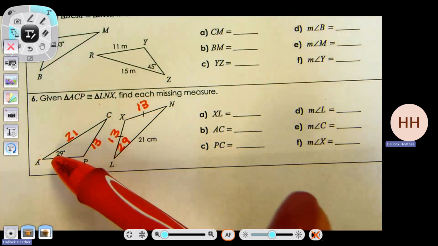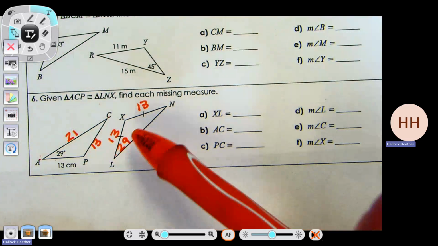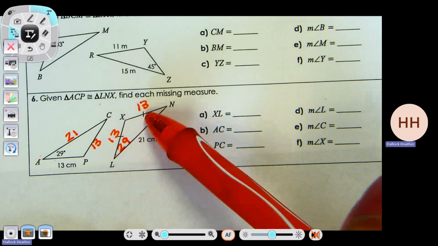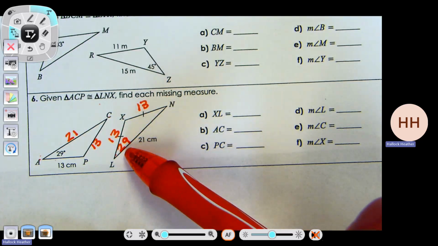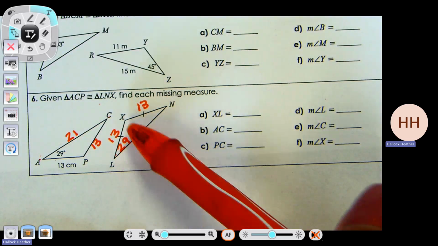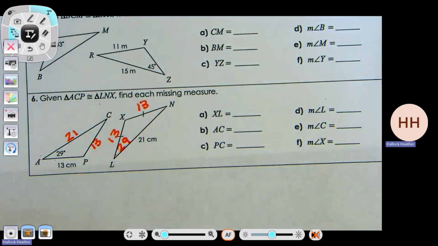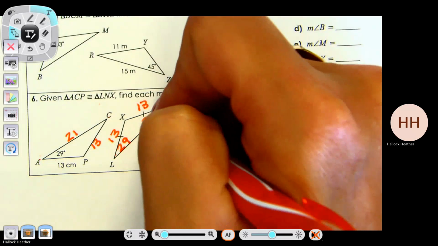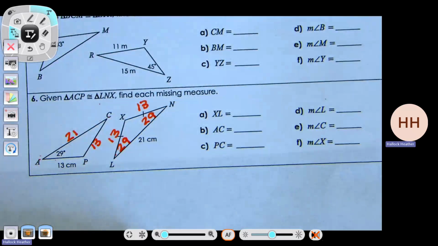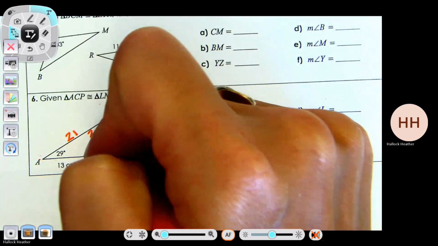So if I know that this angle is 29, or let's use this one because we have the ticks. So those are congruent. So if this is 29, what other angle is also 29 degrees? Is it X or is it N? N, because it is an acute angle. So this is also 29. And so is C. So I can put 29 over here.